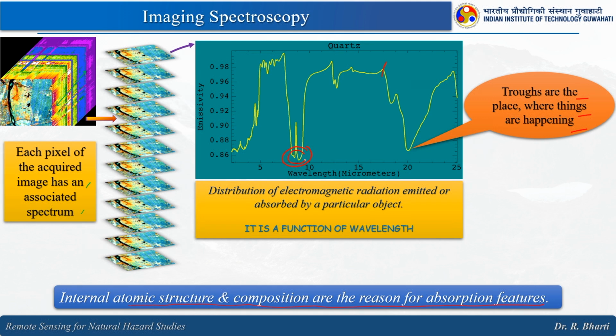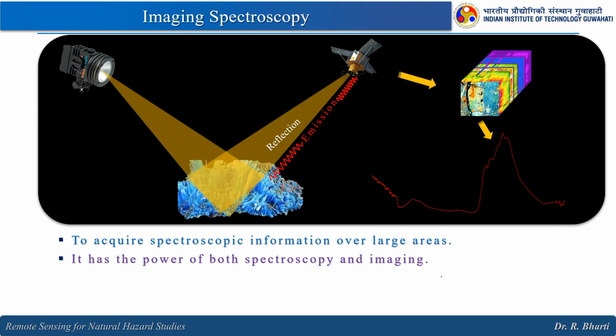So this particular absorption feature will give you more information compared to these, right, that this target is X, Y or Z. Here it is the example of quartz, right. So quartz has this kind of emissivity spectra, and remember this is a function of wavelength.